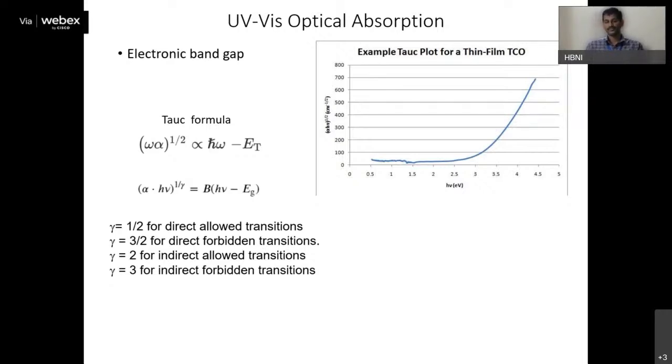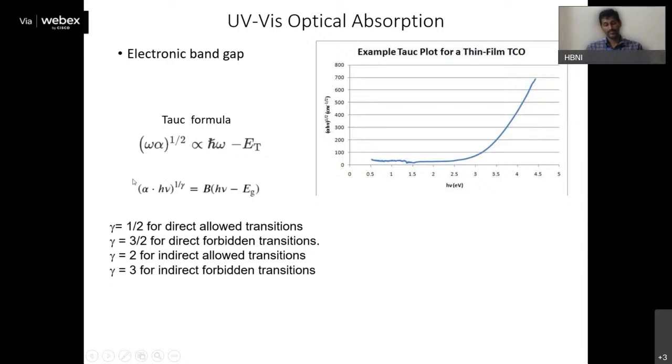First you monochromatize, put the sample, and then you scan through the various wavelengths or energies. Until the energy reaches the band gap, you get transmission, and then there will be strong absorption. Based on the nature of this curve, one can deduce whether it's a direct band gap or an indirect band gap. This is generally done by fitting using this equation.